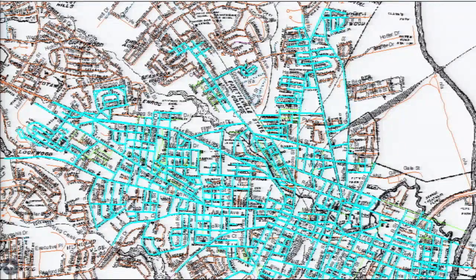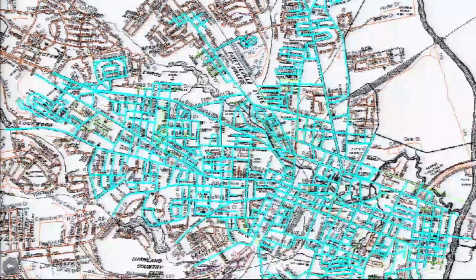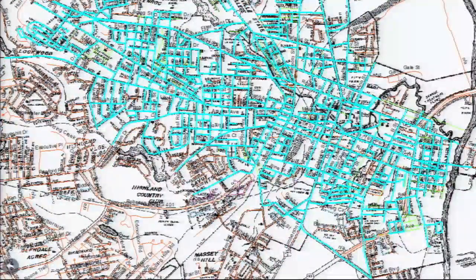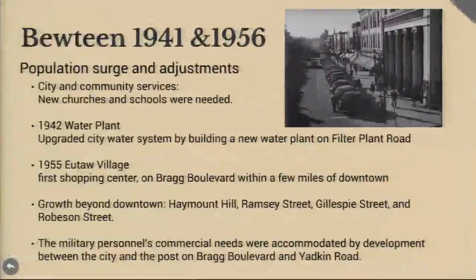And again, like I said before, this was the city center and how its grid pattern is actually moving out, making that push. Like what you saw with the network analysis, we had a sudden peak in roads.